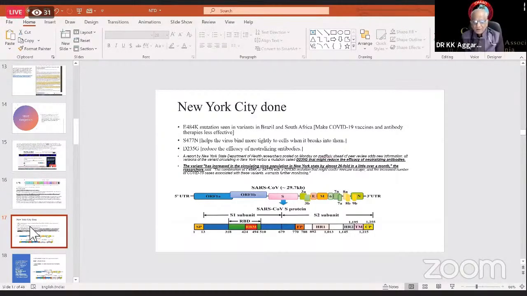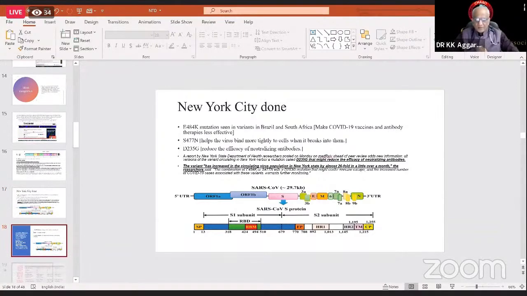Remember, it is the same as D614G; the same kind of mutation change is now at 235. Nobody is talking about 235. Everybody is talking about 484 or 501. Maybe any change in NTD becomes more important.